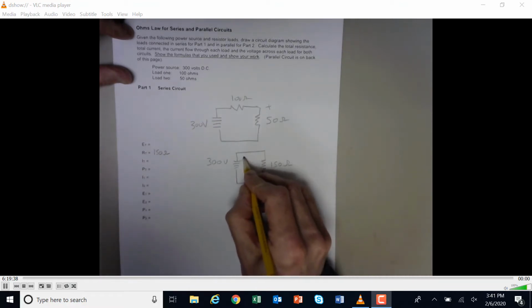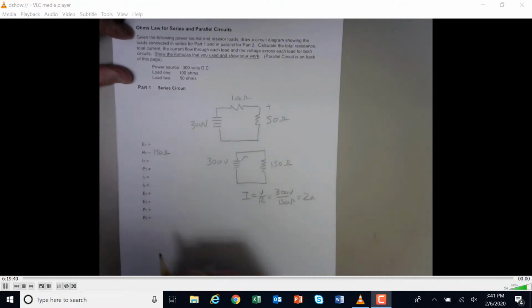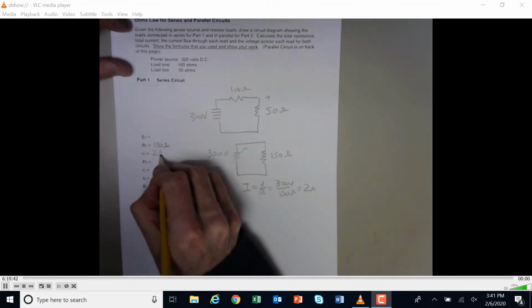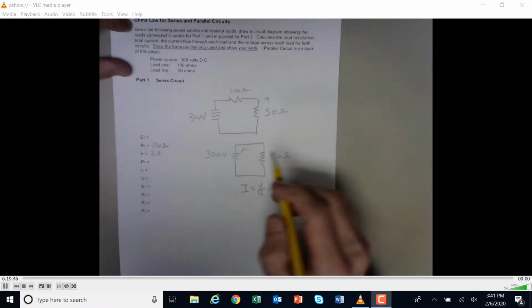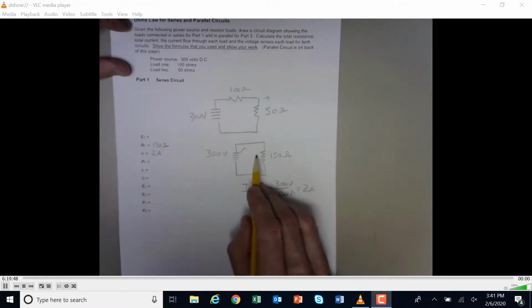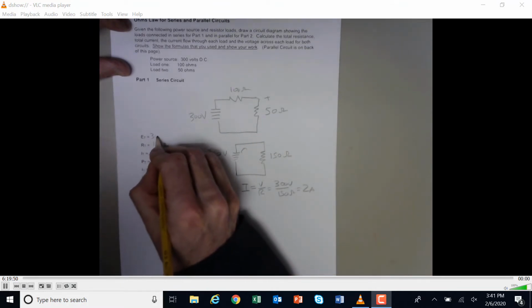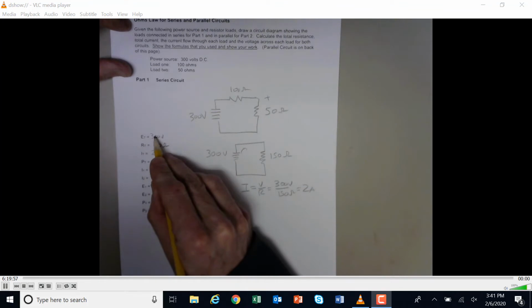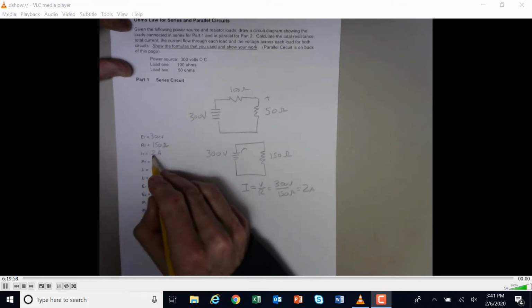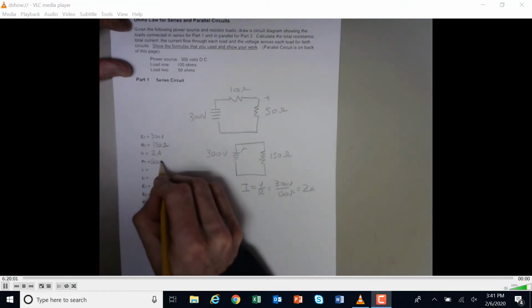So there's 2 amps flowing around this circuit, okay? So my total voltage for this circuit was 300 volts. My power is VI, so 300 times 2, 600 watts.